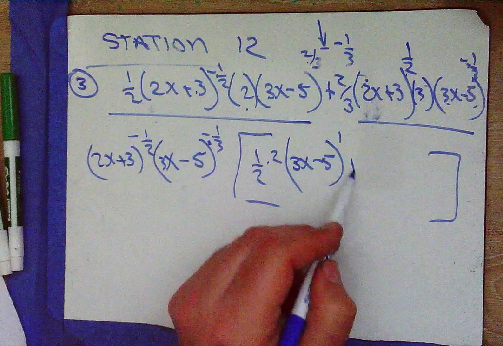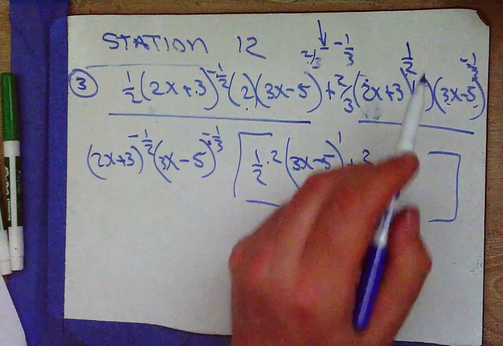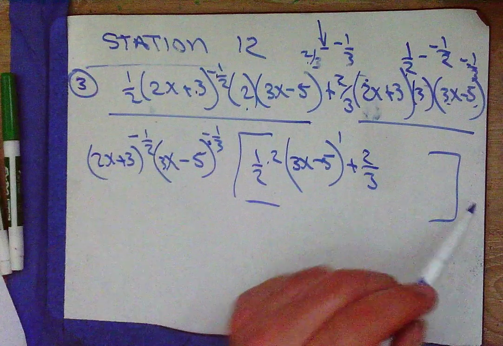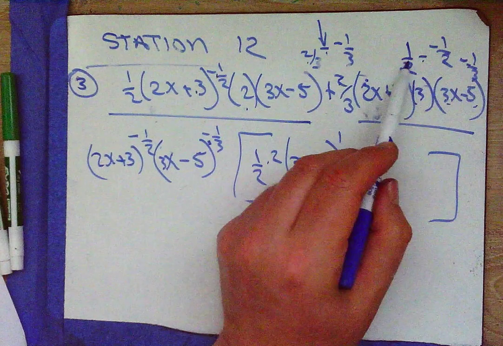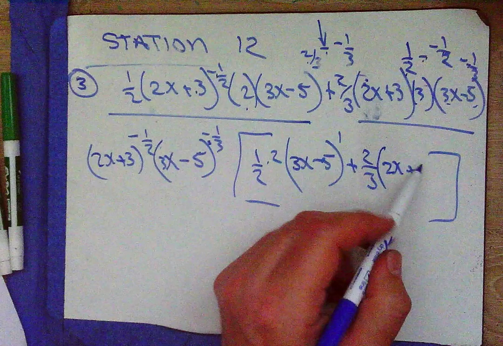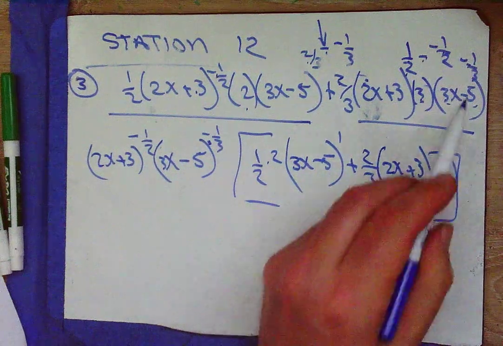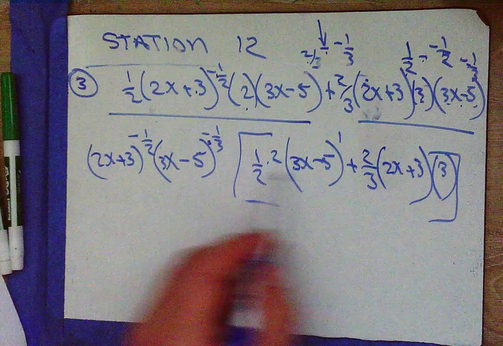Now I have my plus sign, and then this 2/3. And here we factored a negative 1/2, right? That's what we took out, and the taking out is the minus. So 1/2 minus a minus 1/2 is going to be plus 1. I still have this 3, but I took this out. All right, so what do I notice here inside the brackets?